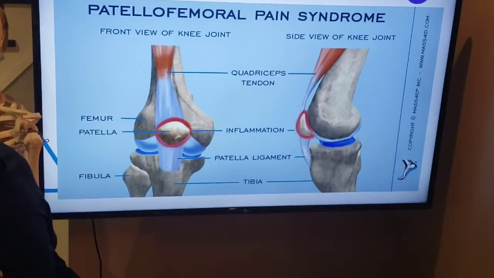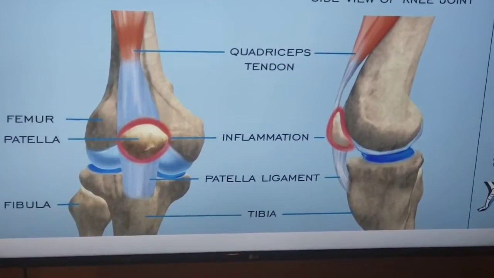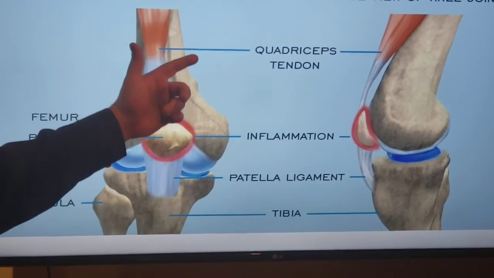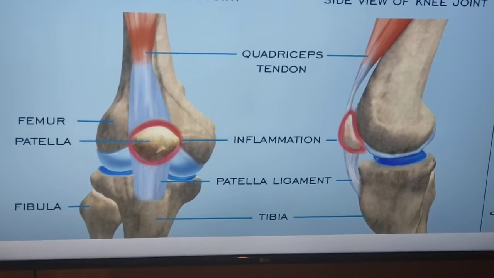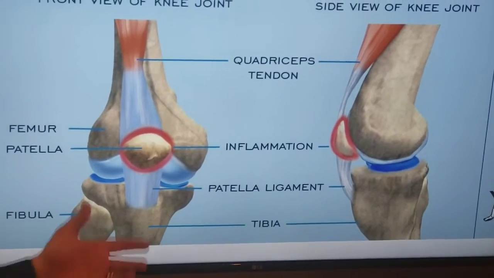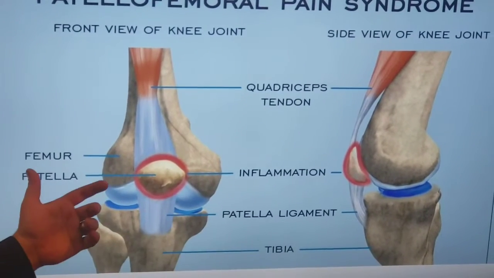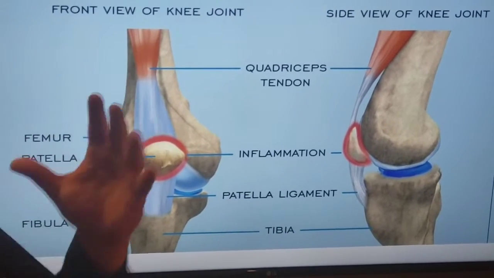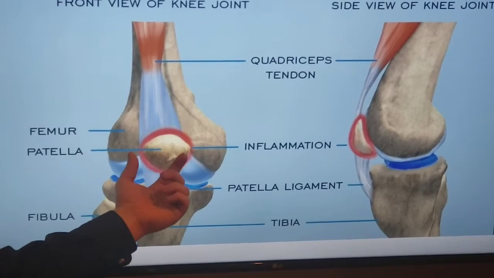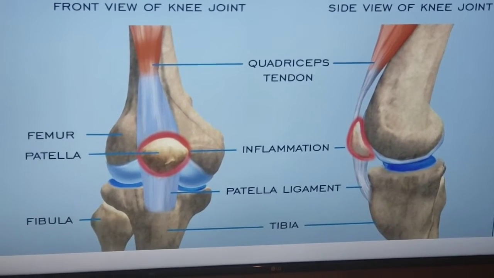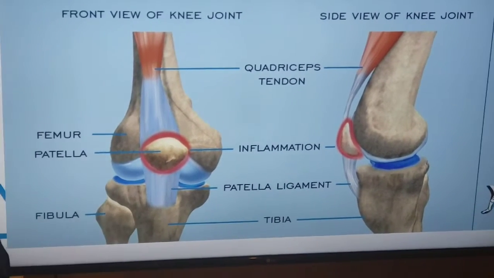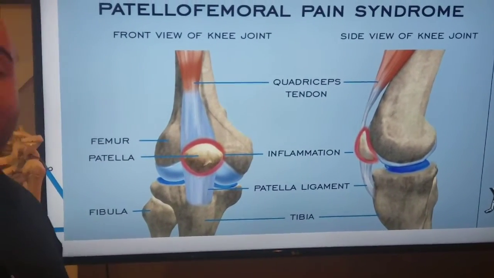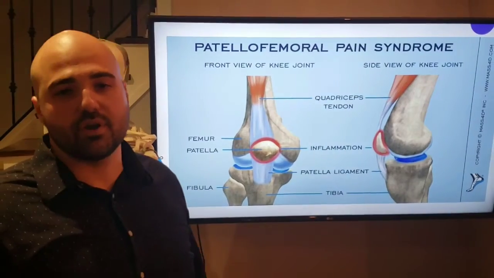A very common issue can be a patellar tracking issue, meaning that the quad muscles on the inside of your knee, such as the VMO, vastus medialis, tend to be weak, whereas those muscles on the outside of the quads, called your vastus lateralis or ITB, are tight. So it can throw off the way your patella sits in the center of the knee, causing irritation. Usually people who have this type of knee pain will have a lot of pain in the beginning of their squat. They'll notice that pain at the front of their knee.